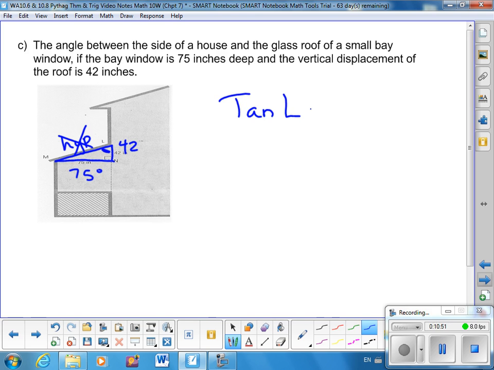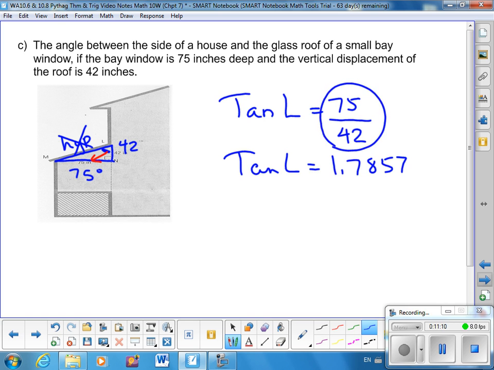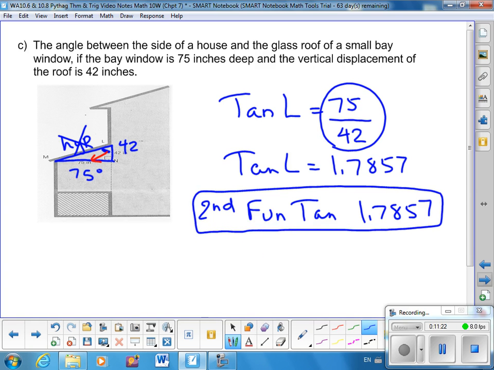So the tan of angle L is 75 because it's opposite over adjacent. Opposite of this angle here, you shoot an arrow straight out, is going to hit the side that's 75. The tan of L is 1.7857. I got that by dividing 75 divided by 42. Use the second function button, tan, 1.7857. This is what you push into your calculator, and angle L is 61 degrees.